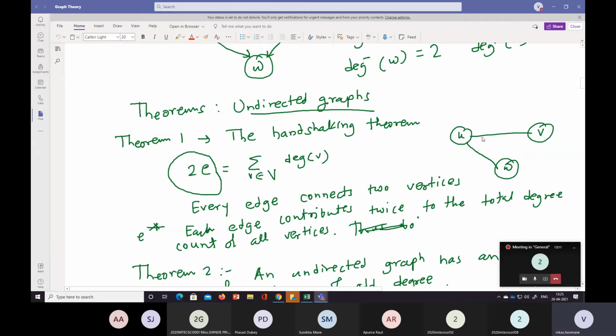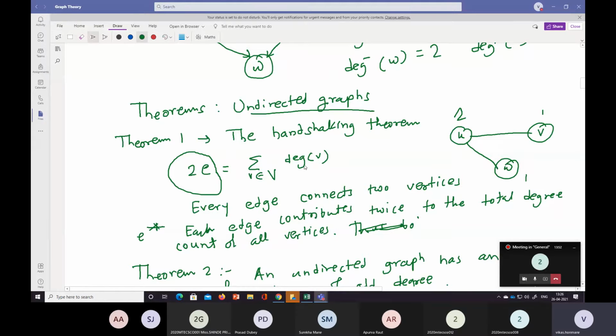Okay, so by using this example we can prove this theorem. Suppose how many edges are there in this particular graph? Two edges. Okay, and the degree of u is 2 because two edges are incident on u. Then the degree of v is 1, and the degree of w is 1.